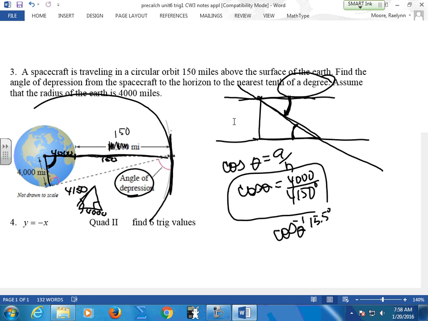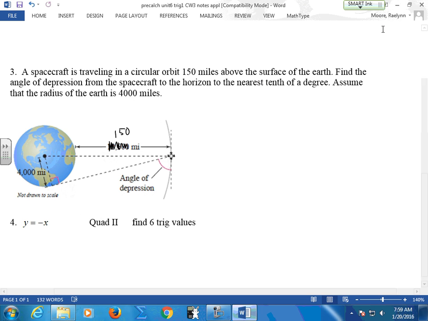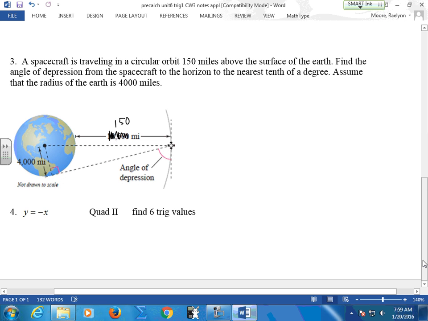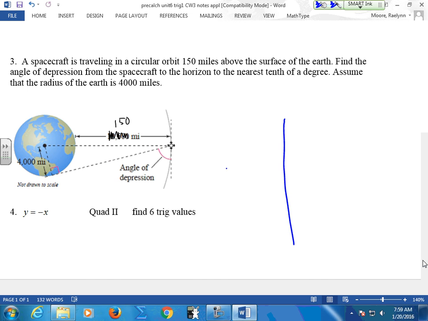Now this last one, well, find me that line. Where is the line y equals negative x? It's like y equals x except it's negative. Here's your line y equals x. What does the line y equals x do?